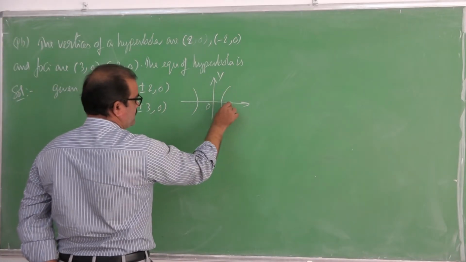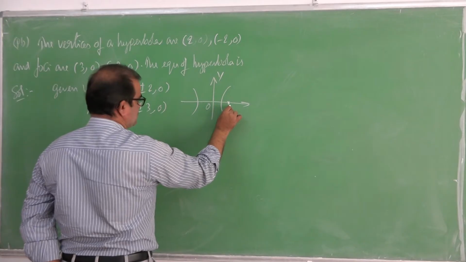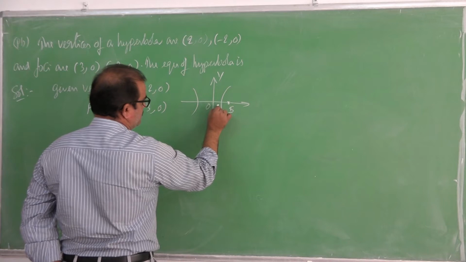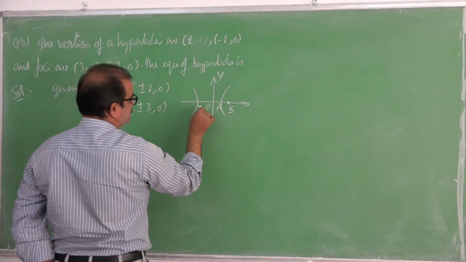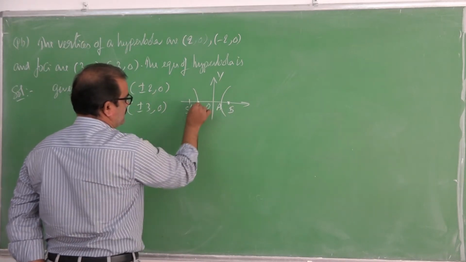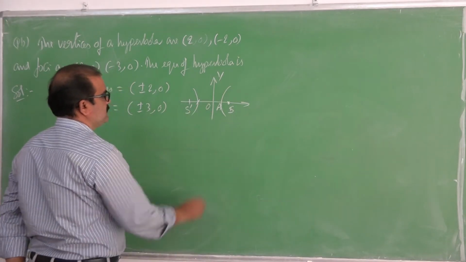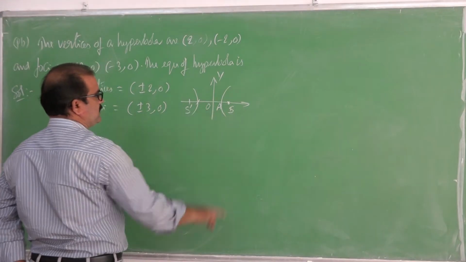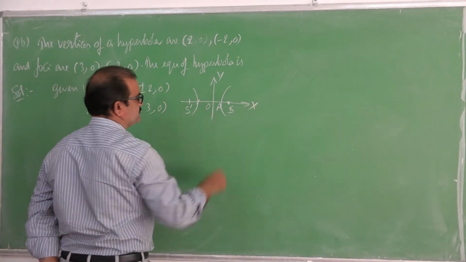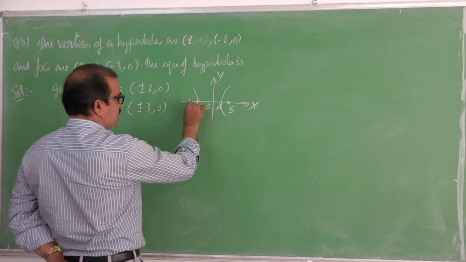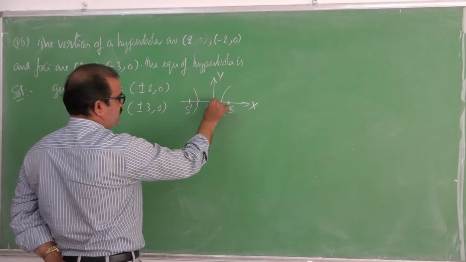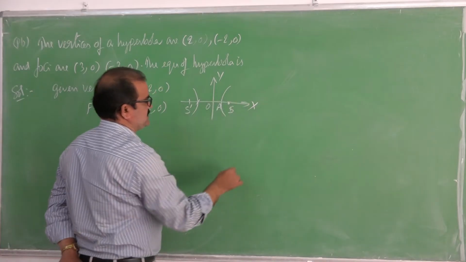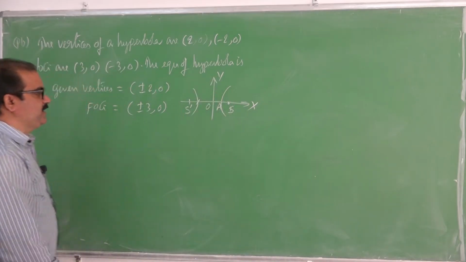It is hyperbola. It is the foci S and it is the vertex A. Here also foci and vertex. So vertex and foci both lie on x-axis. If vertices and foci lie on x-axis, then transverse axis is x-axis, conjugate axis is y-axis.